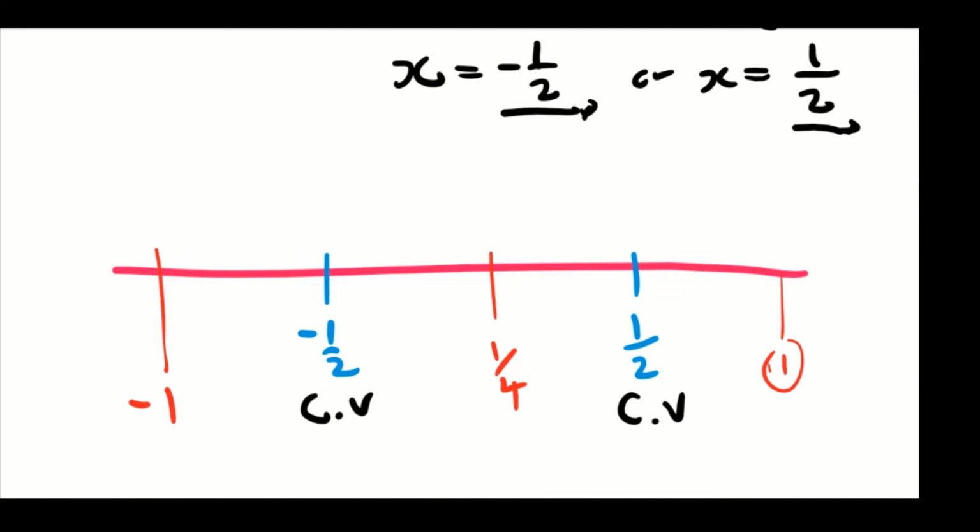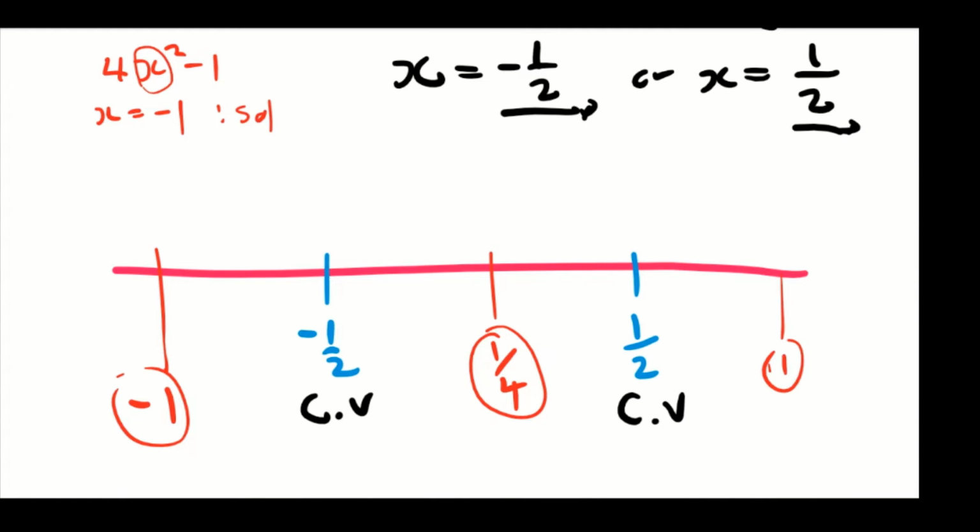So you're just going to test these values and identify the signs of y, because you're testing them in the equation 4x squared minus 1. Where you see x, you put x equals minus 1 and find its solution. Then you also test x equals 1 over 4 and find the sign, and then when x equals 1, you find the solution.